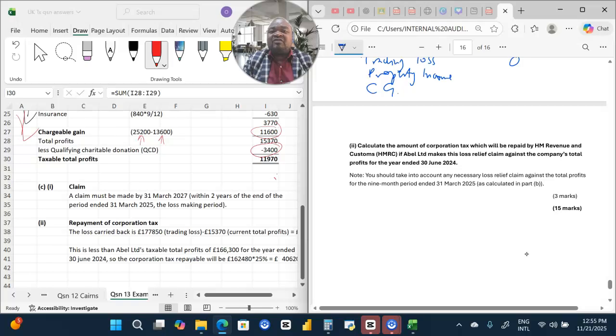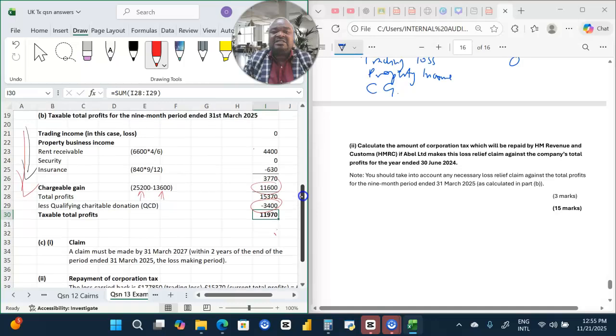So the loss is to first clear any available profit. So we start by finishing the total profit here. The total profit has to settle the loss. So the 15,700 should go first. It should be sacrificed before we proceed to another year.